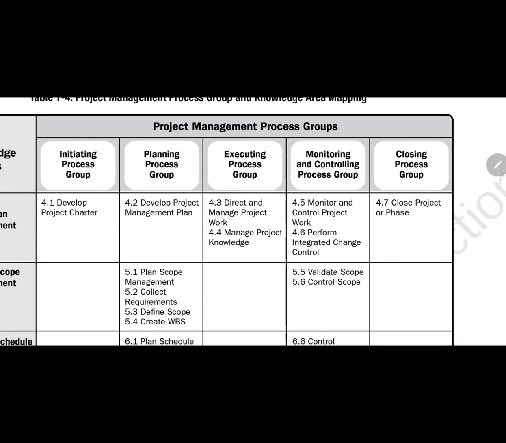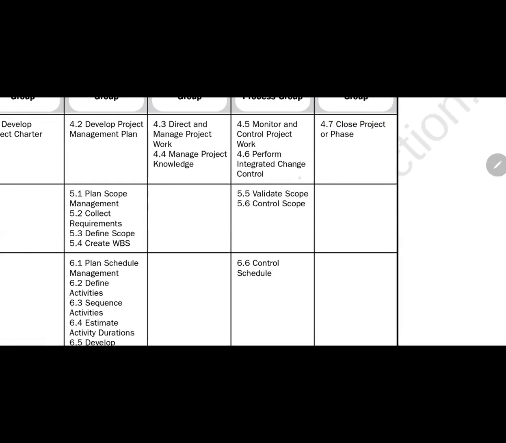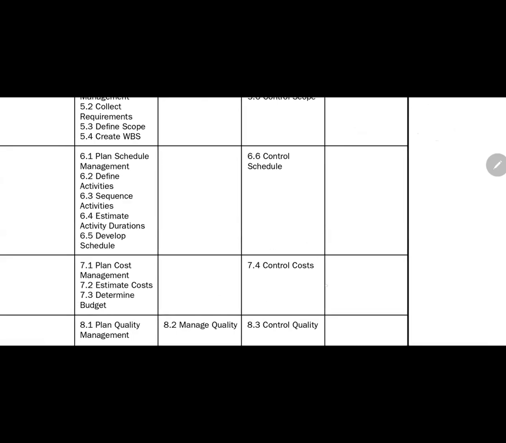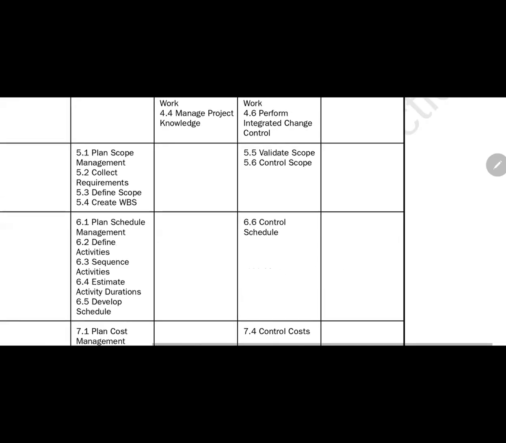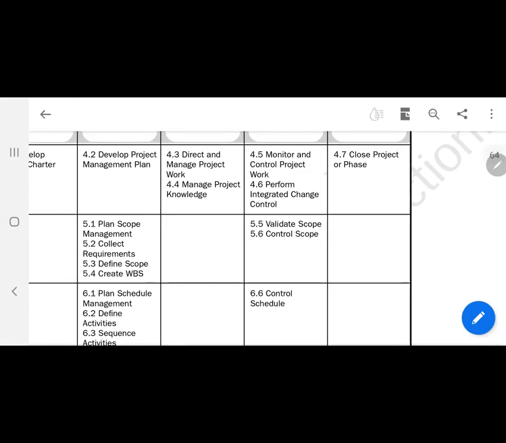So the initiating and closing process groups do phase initiating and phase closure. Then validate scope is actually the customer signing off, formalization of acceptance of deliverables. Once deliverables have gone through quality control check at control quality, they are moving straight to validation. And validation moves them straight to close.